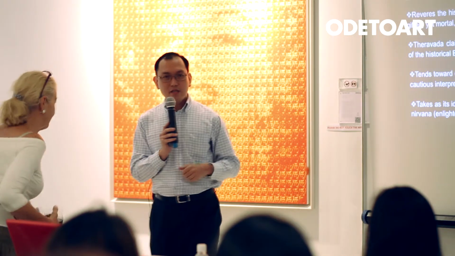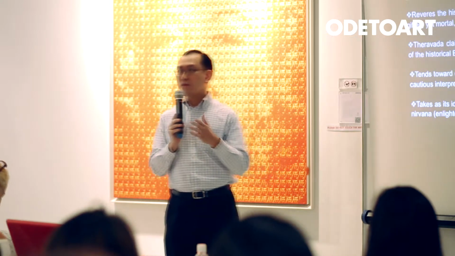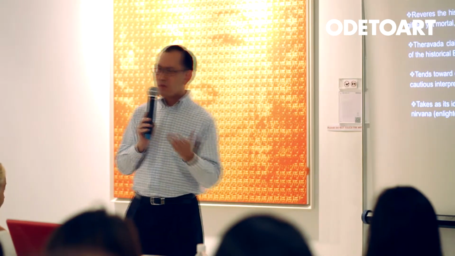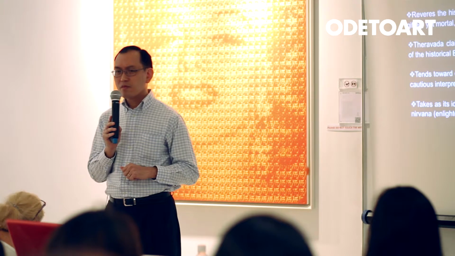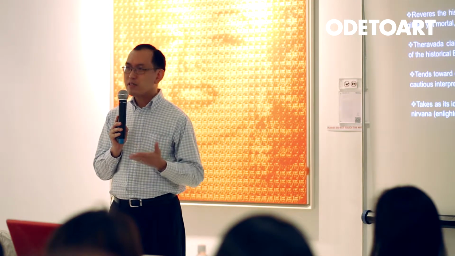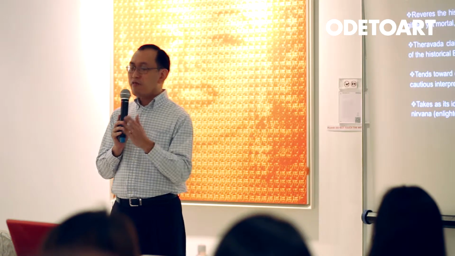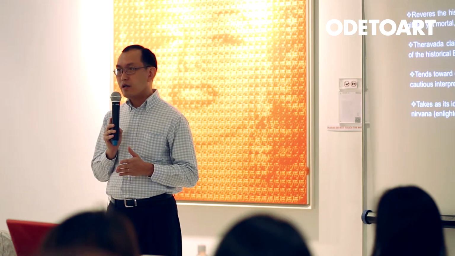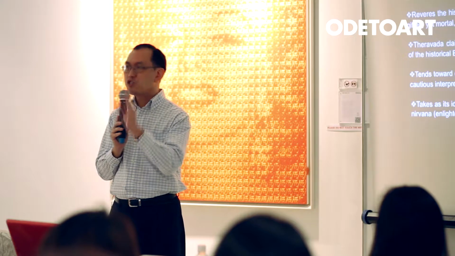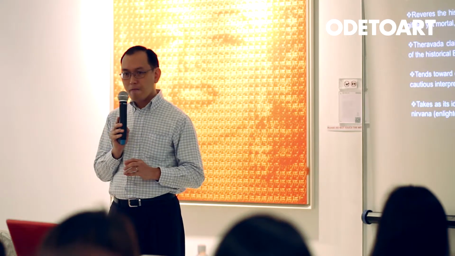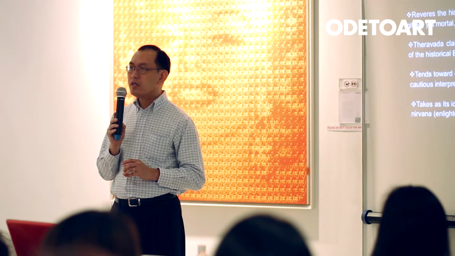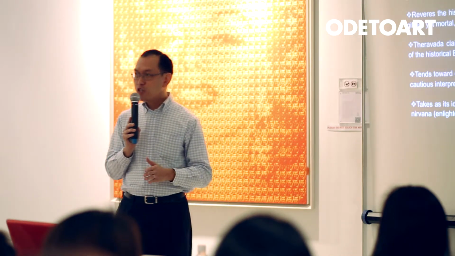This form of Buddhism reveres the Buddha as a mortal teacher, supreme, but still a mortal teacher. Even today it remains faithful to the original teachings of the Buddha, and today you'll find Hinayana or Theravada Buddhism notably in Southeast Asia and also in Sri Lanka.